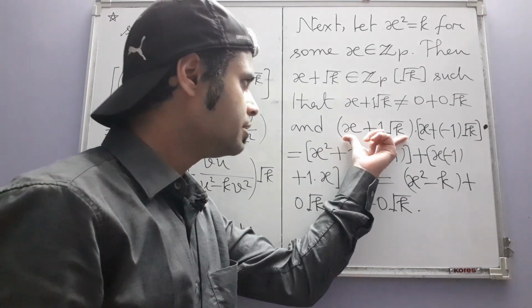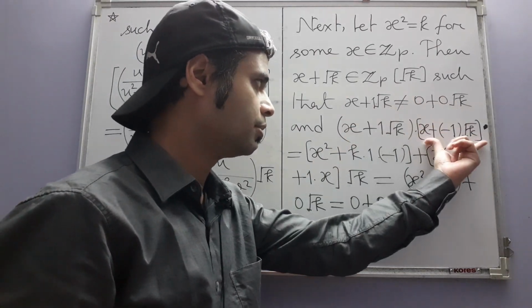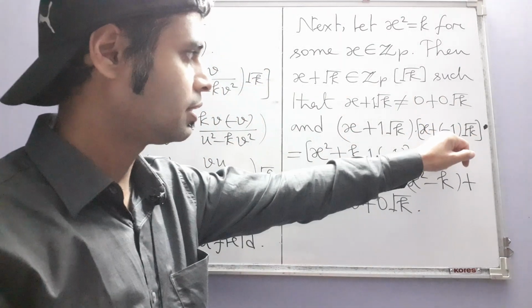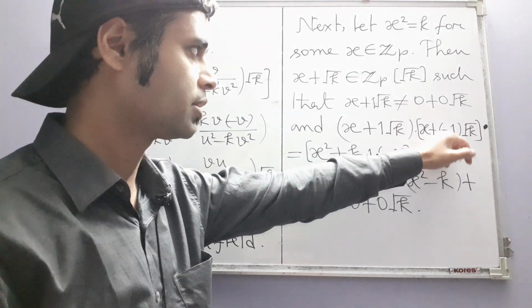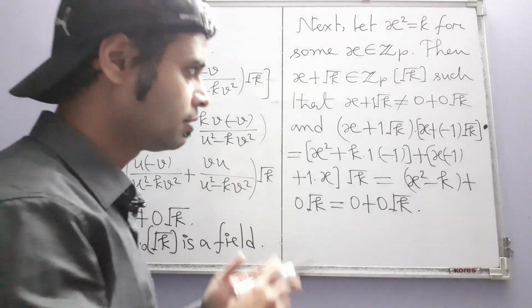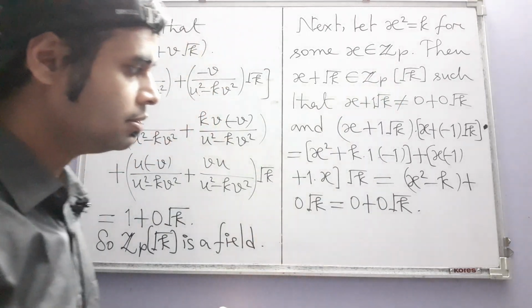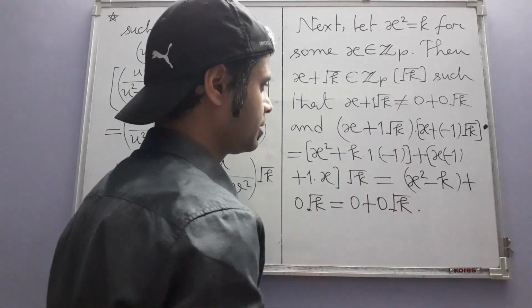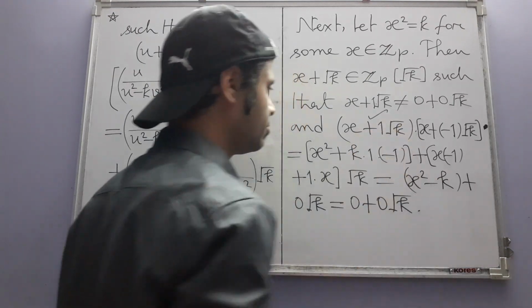Now just like this is non-zero, this is also non-zero, because here we have minus 1. Just like 1 is non-zero, minus 1 also cannot be 0 in Z_p, no matter what the prime p is, but their product is 0. So this is a 0 divisor.